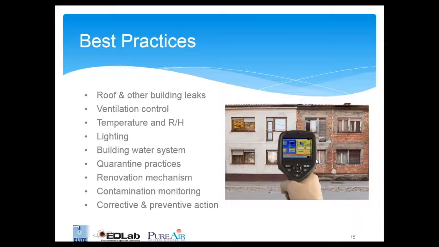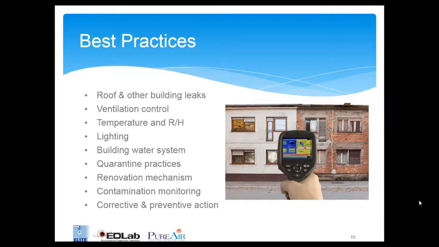So you might be wondering what are some good steps of the best practices, because it is hard to find a reference on what you should and should not be doing. You can see in this picture that there are two types of building we are trying to focus on here. One building is sort of naked, not properly sealed. The other building has proper sealing. So we need to do some very simple steps, such as identifying roof and other building leaks.